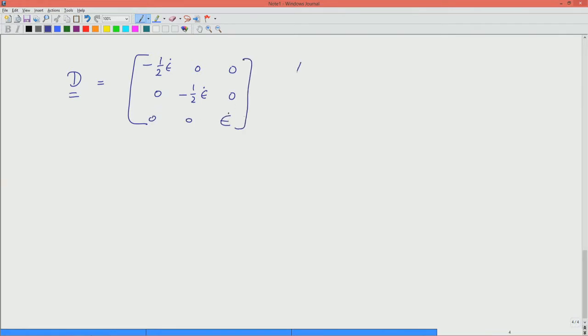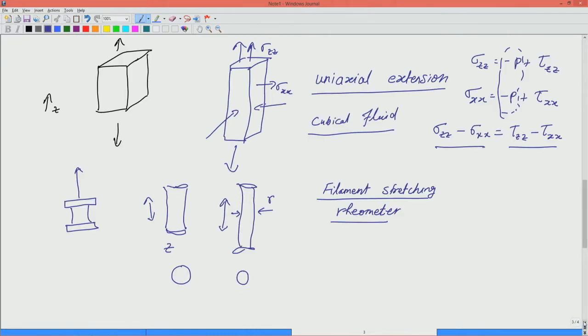So, therefore, we have all three components tau zz, tau xx and tau yy not 0, and we can manipulate algebraically, and using boundary conditions we can actually find out what is the viscosity based on our equation. The boundary condition will be that at these surfaces pressure is given by atmospheric pressure.